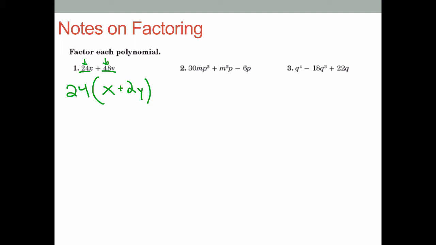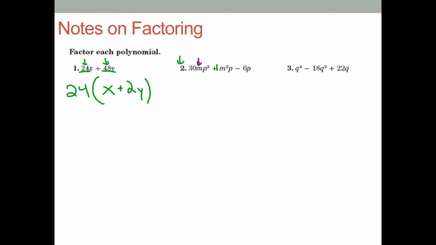In number 2, I see 30mp squared plus m squared p minus 6p. The first thing I look at are the numbers. I have a 30, a 1, and a negative 6. Really, the only thing I can pull out is a 1, so I'm not going to pull that out. Next I look at the variables.